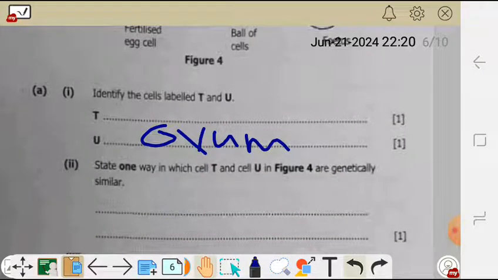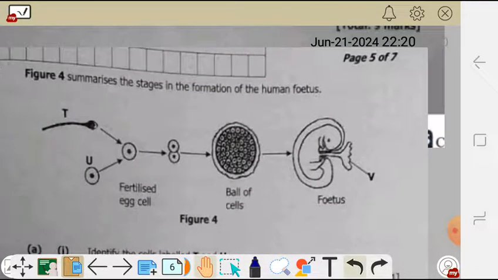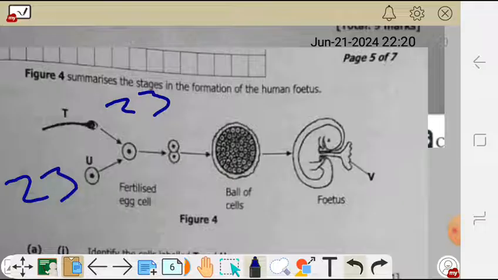Okay, so we move on to question 2. So question 2 here is saying, state one way in which cell T and U in figure 4 are genetically similar. One way in which they are genetically similar is that this sperm cell, the number of chromosomes is 23. Then this one as well has the number of chromosomes 23.